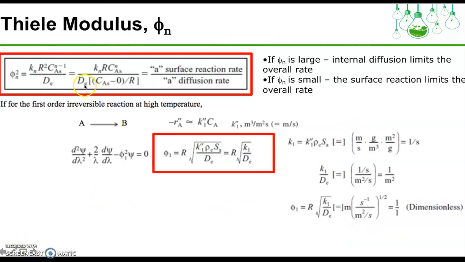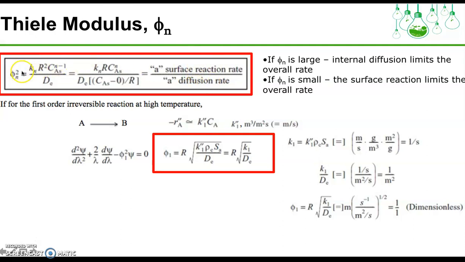If you rearrange the Thiele modulus, which was initially written in this form, you can see it is actually a ratio of surface reaction rate to diffusion rate.